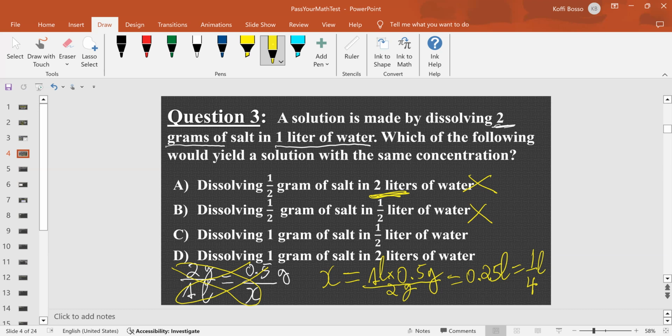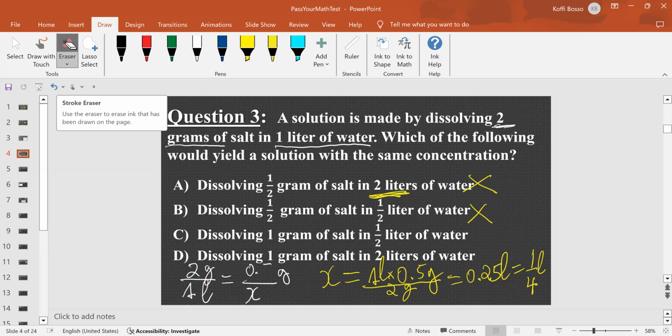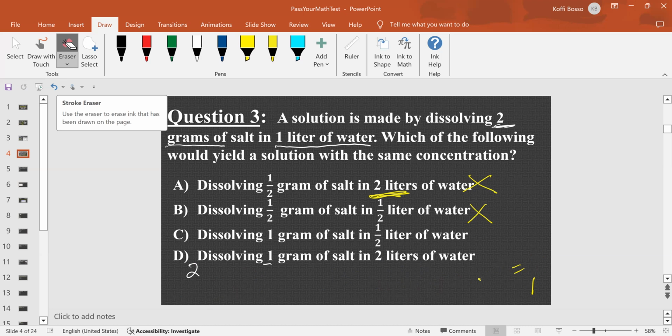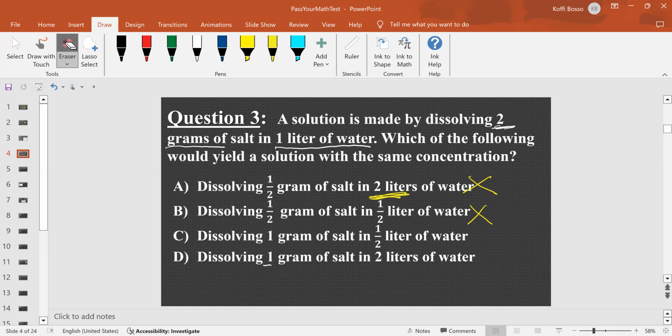So C, they say 1 gram to 1/2 liter of water. So let's do another proportion, which is what this time we are taking, 1 gram instead of 1/2 gram. Therefore, if I have again the reference, so 2 grams to 1 liter, this will be 1 gram to X liter.